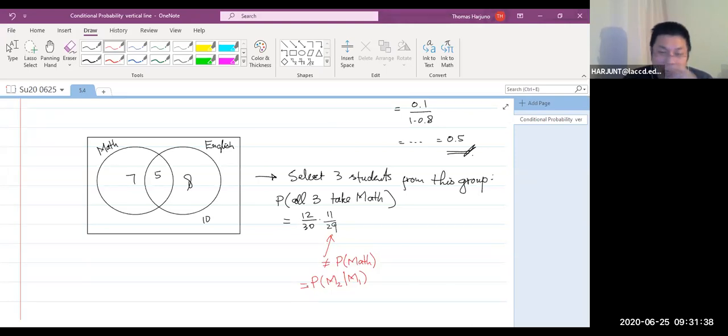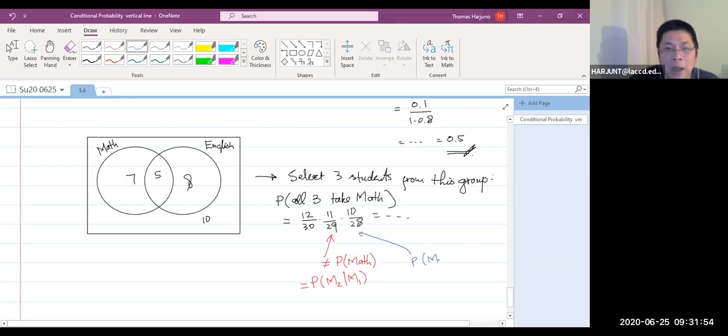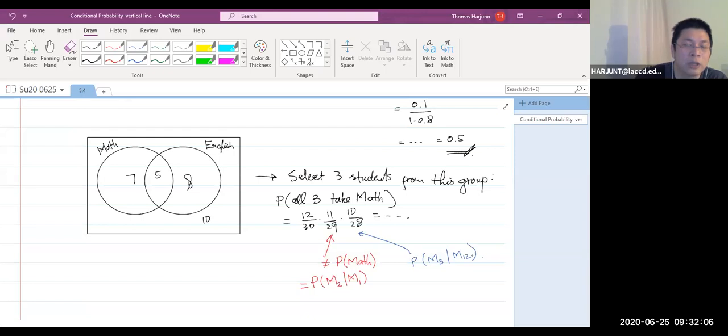We did it by intuition. So in your test 1 on Monday, you will have this kind of question. By the way, I'm not done yet with this. The next one is 10 over 28, and this 10 over 28 is the probability of getting math again after the first two are math. So that 10 over 28 is actually a conditional probability. 11 over 29 is also a conditional probability.